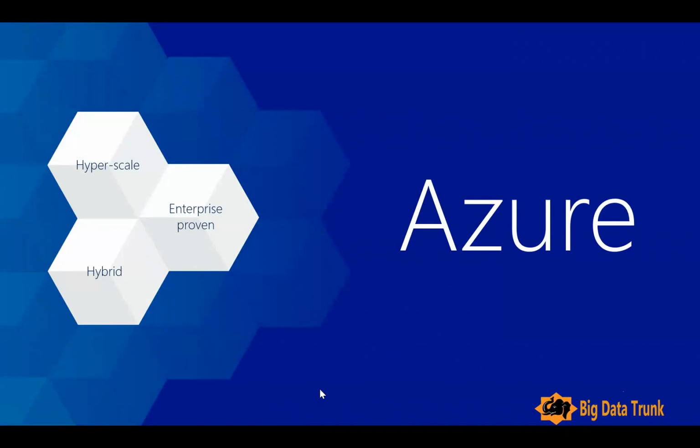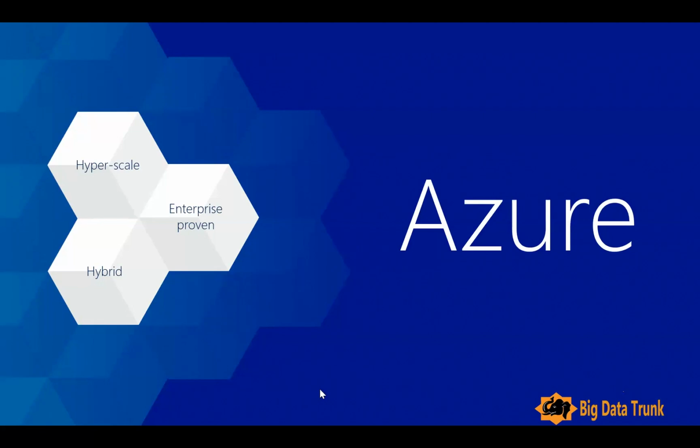It is enterprise proven. When we talk about enterprise proven, it means wherever in the organization you want to use it, we can use it privately also, we can use it publicly also, because sometimes you want to share your data, but you need to hide your data also from some group of people.